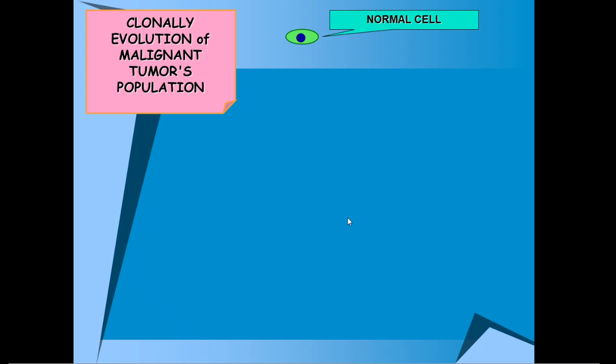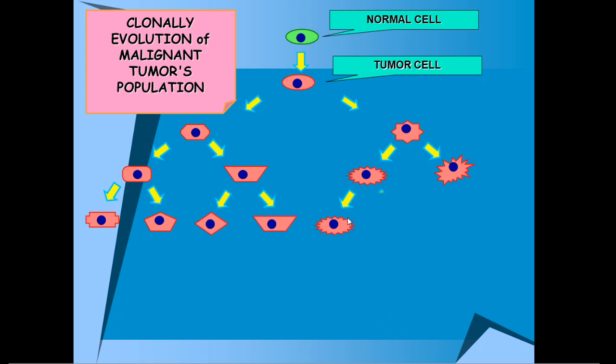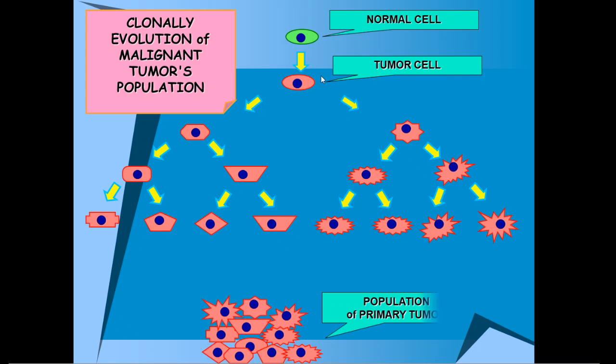How does a malignant tumor actually appear? We have a normal cell, then, due to some genetic changes, for example chromosomal abnormalities, as we said, we have the formation of a so-called tumor cell.